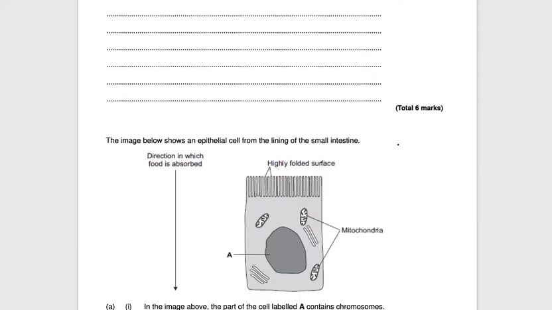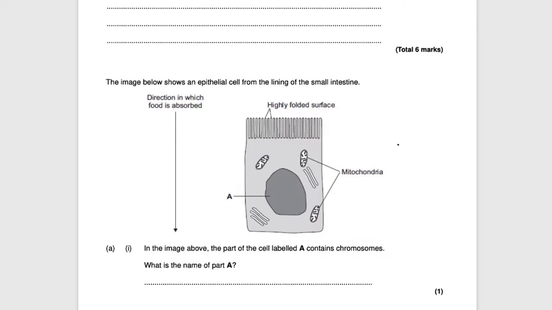Okay, now our next question over here, the image below shows an epithelial cell from the lining of the small intestine. In the image above, the part of the cell labeled A contains chromosomes. What is the name part A? So part A is over here and it contains chromosomes.